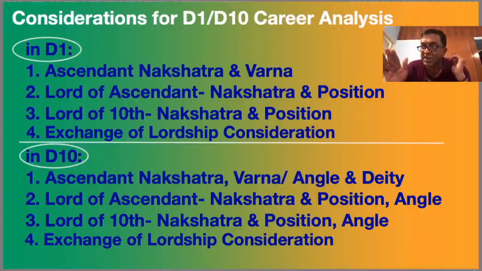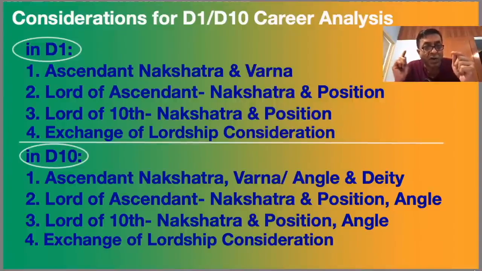There can be many combinations, but I'm going through only the very basic stuff of career analysis from D1 to D10. Okay. So in the natal chart or D1 chart, those are the four rules. Number one, ascendant nakshatra and varna of the nakshatra. And we'll do this in the case study, so you will see all of this.